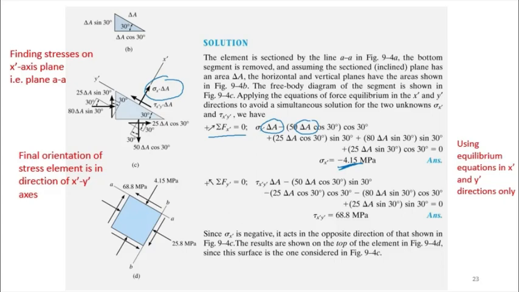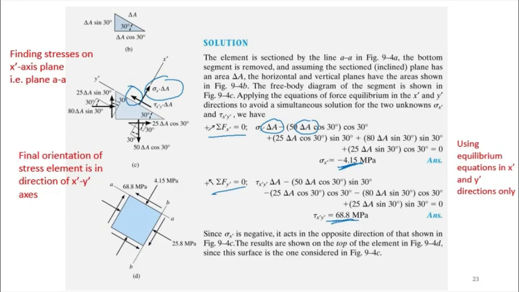Similarly, summation of Fy prime is 0. We are assuming the positive direction here for tau x prime y prime. And if we equate the equation, we will find that tau x prime y prime is 68.8 megapascal positive. Therefore, we are saying that on that plane there, our assumption is right.